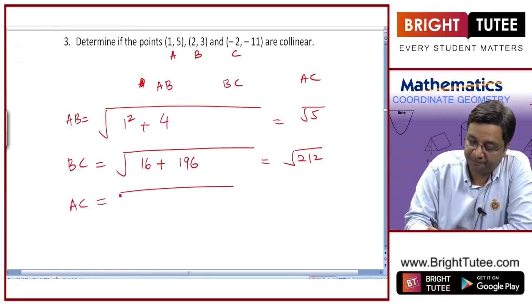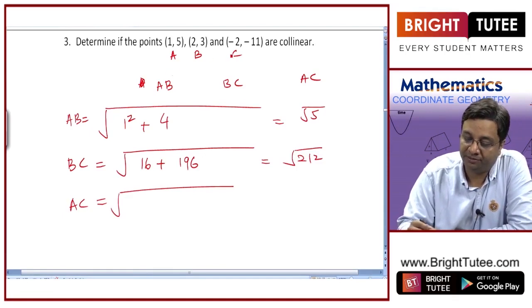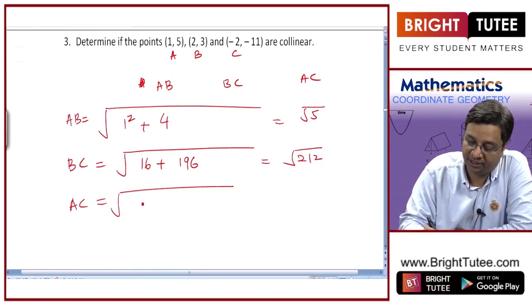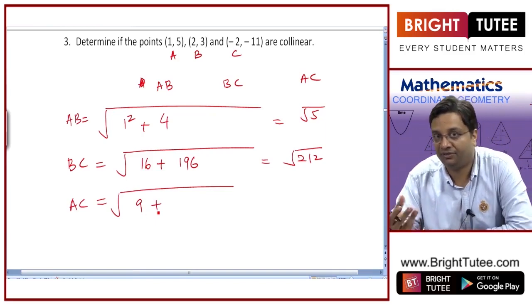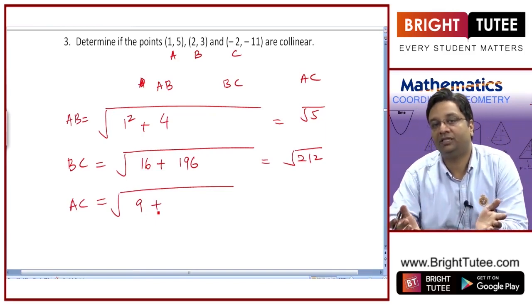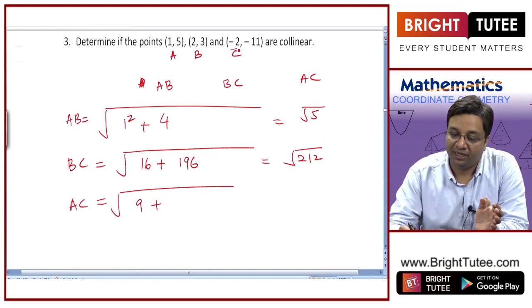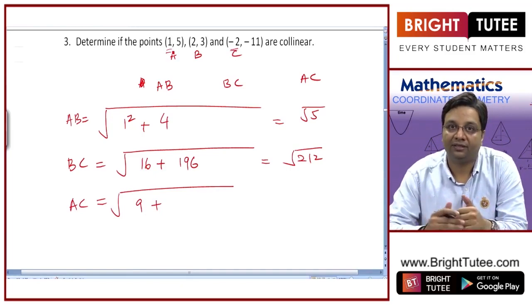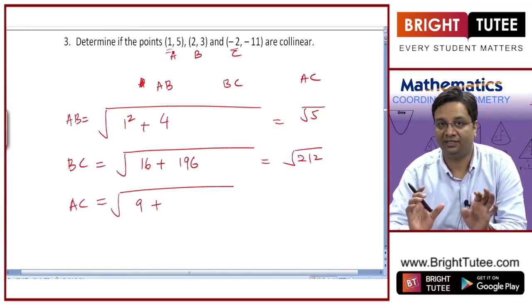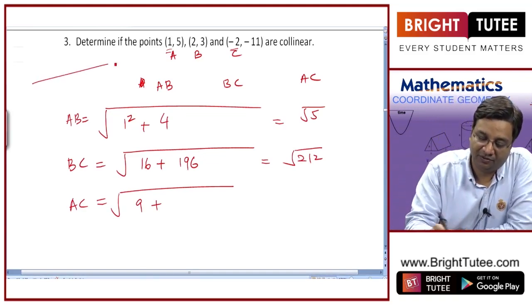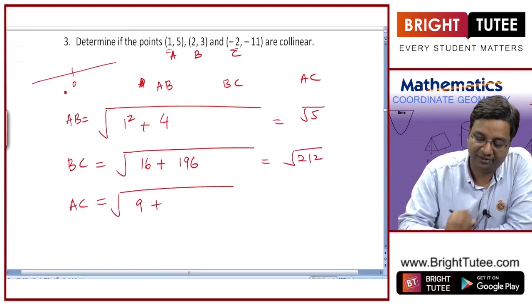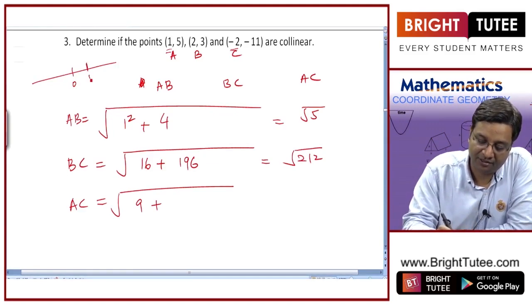Third distance AC. How much is AC? Difference of abscissa, minus 2 minus 1 is minus 3, squared is 9, right? Don't get confused in it. Difference doesn't have anything to do with the sign. Minus 2 and 1, what is the difference? The difference is 3, right? You won't say minus 3, because let's say this is the number line. Where is 1? This is 1.